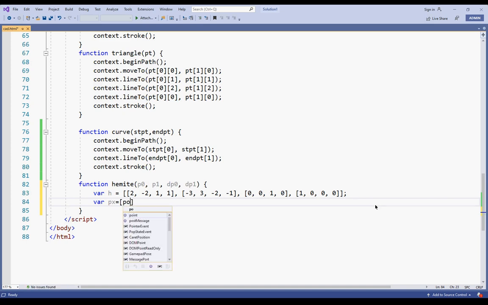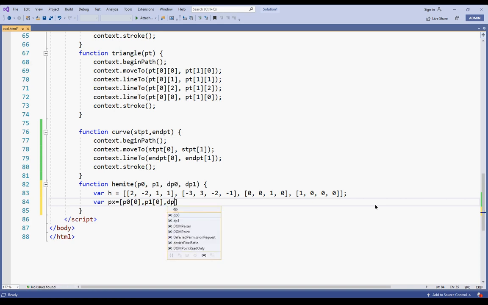I have the P0 point, whose first element is the x coordinate, then comma P1, whose first element is the x coordinate of P1, comma, then dp0, whose first coordinate is the x coordinate. Remember, tangents we also specify in this way. You could open the problem in front of you. All the x values, or first values, I am specifying for the points as well as the tangent vectors. So dp1.